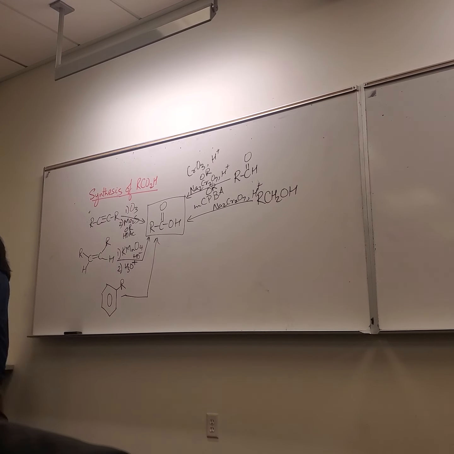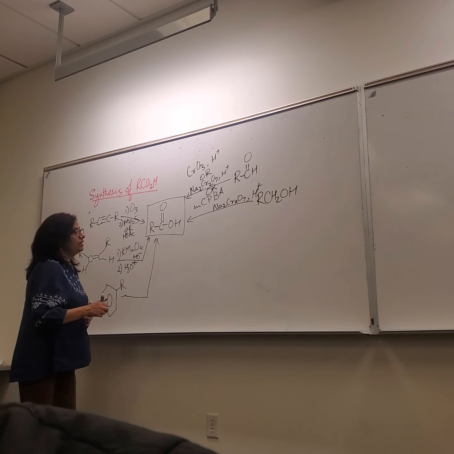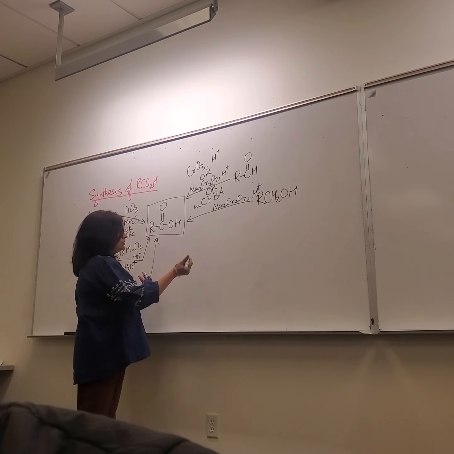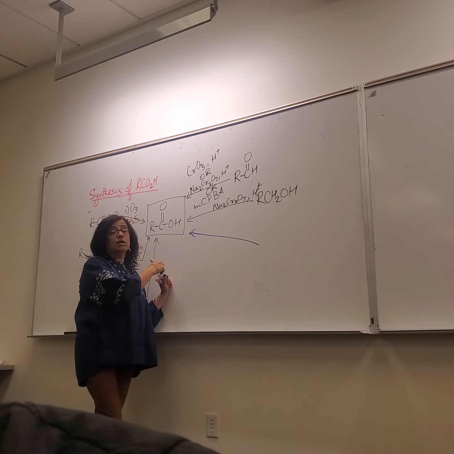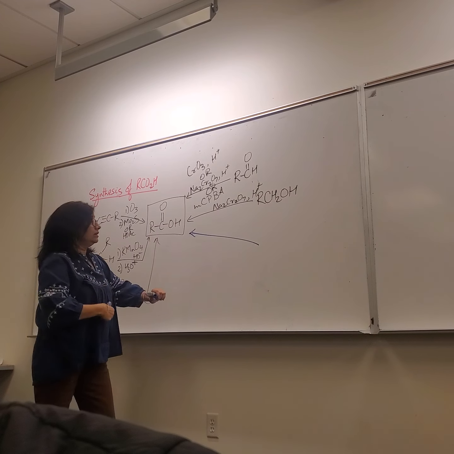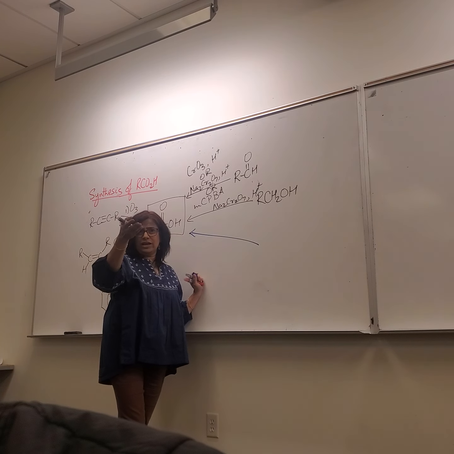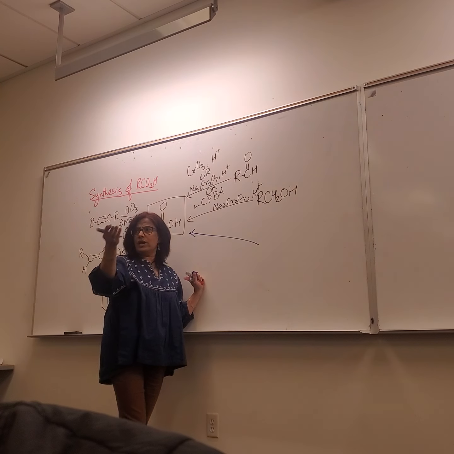There are two new ways of making a carboxylic acid. One is using a Grignard reagent. This is the one we'll be doing in lab. Next lab, we will be carboxylating a Grignard, and that's one of the reactions of your project as well.